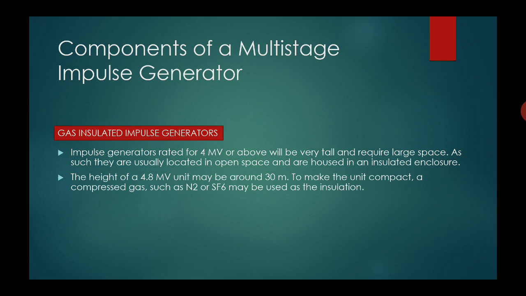To make a unit compact, a compressed gas such as nitrogen or SF6 is used as insulation. If you need bigger insulators, the insulator size will be very high. So you can have an idea: for a 4.8 megavolt impulse generator you need a height of 30 meters. For a compact impulse generator, the height can be reduced with an insulation of nitrogen or sulfur hexafluoride.